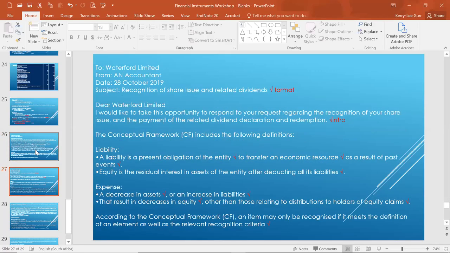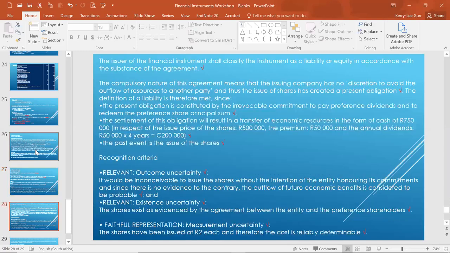They used a memorandum type format. So as you can see, easy marks, therefore a format and a basic introduction. They then looked at the liability definition as well as that of an expense.